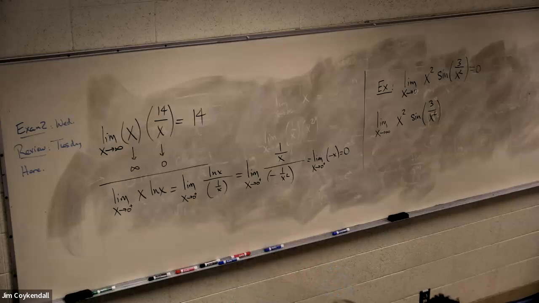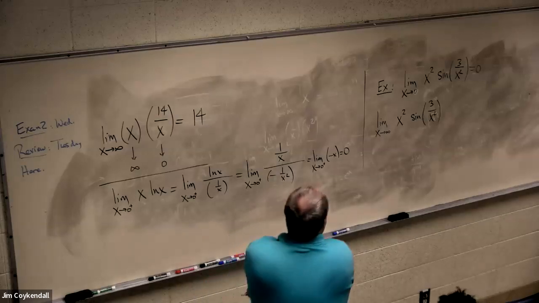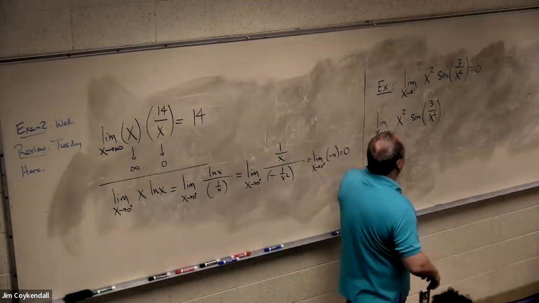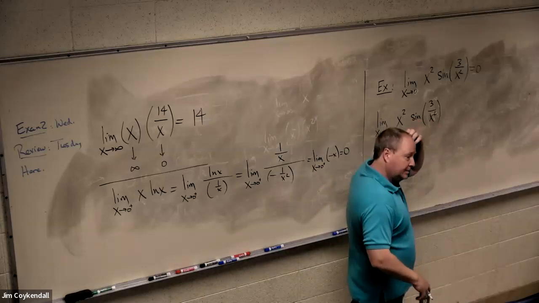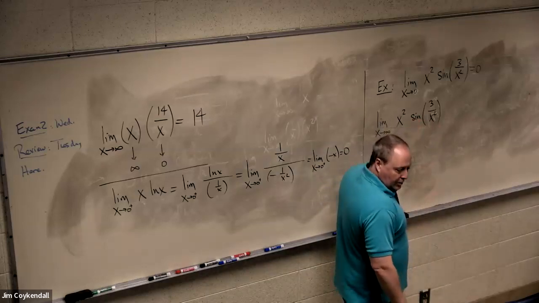Now, the first chunk, the x squared, is going to infinity. And the other piece, the 3 over x squared, is going to 0. So x squared is going to infinity, and sine of 3 over x squared is going to sine of 0, which is 0. So I've got another one of my patented infinity times 0. What happens? Let's do what we did before.